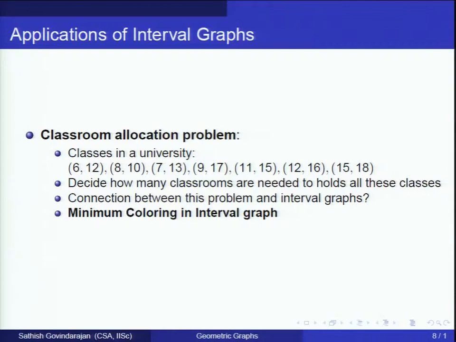But let me rephrase the question in a different way. Are the problems I stated equivalent? Let's take the classroom allocation problem: what is the minimum number of classrooms needed to hold the classes, and finding the minimum coloring in the interval graph.